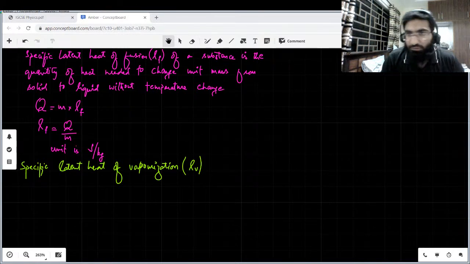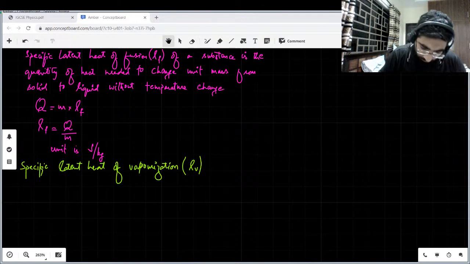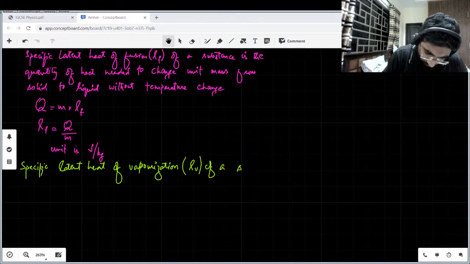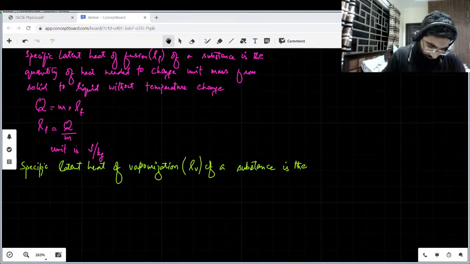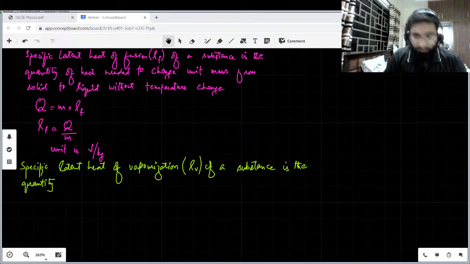So vaporization of a substance is the quantity of heat needed.